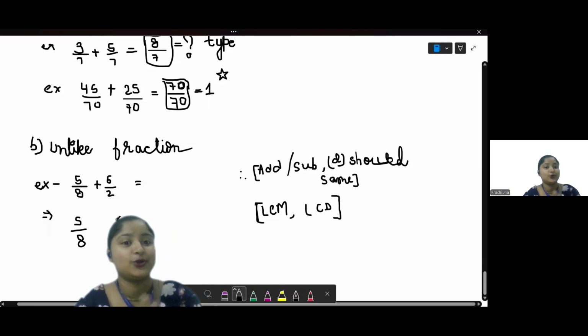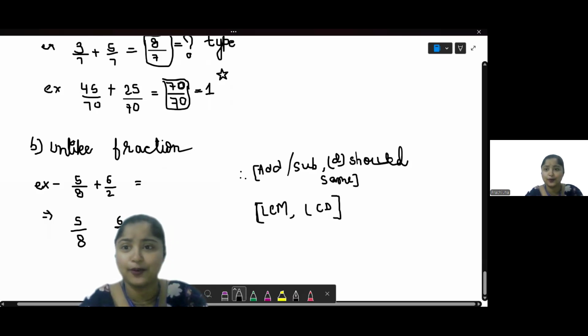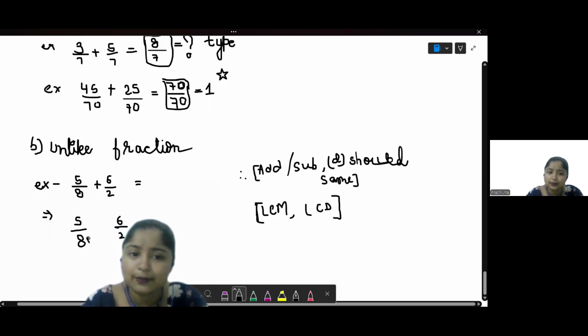Yeah, so easy. Many of you might have guessed as well, right? We need to make the denominator the same. It doesn't matter whether the numerator is the same or not. That's the main catch over here. If you multiply this 8 by 2 and this 2 by 8, see what I'm doing?